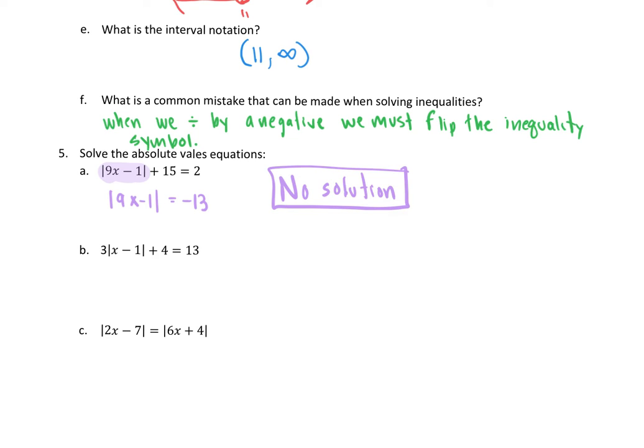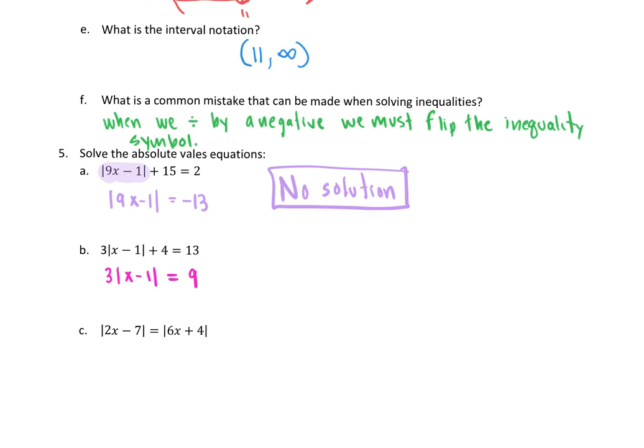And there we go. The second question in this, same idea. We want to isolate the absolute value by subtracting that 4 over. 13 minus 4 is 9. Now I can do this one of two ways from here. I don't have to isolate the absolute value with multiplication and division. I can break my absolute value up and then distribute the 3.